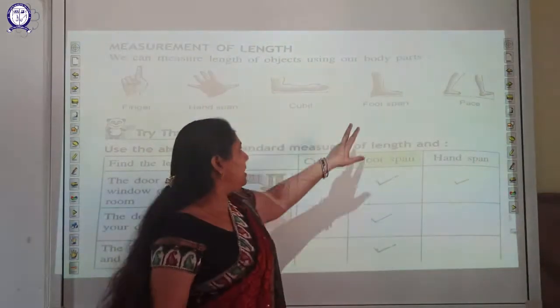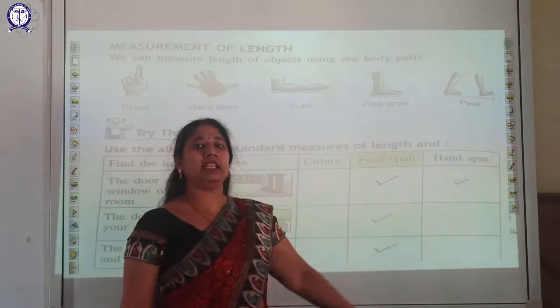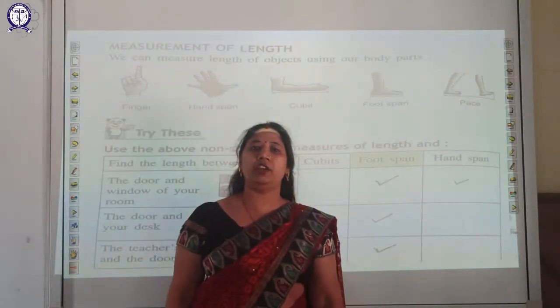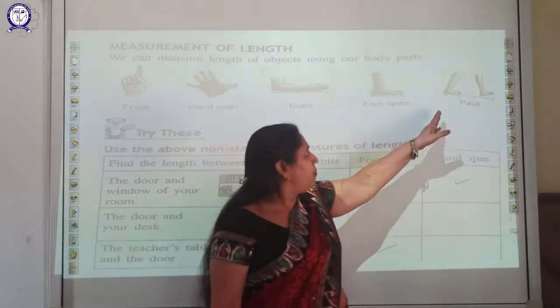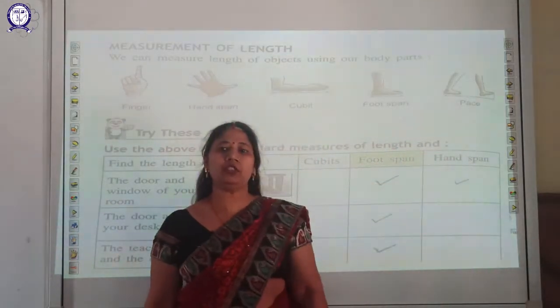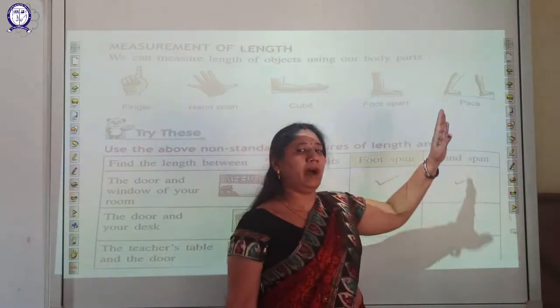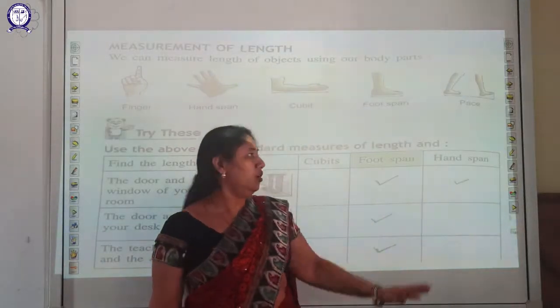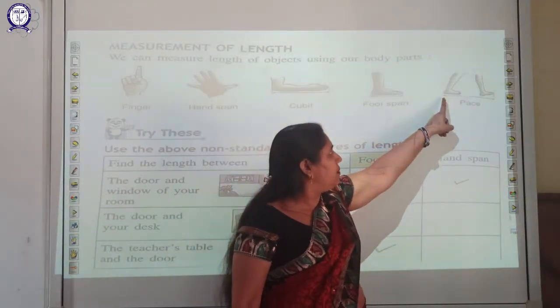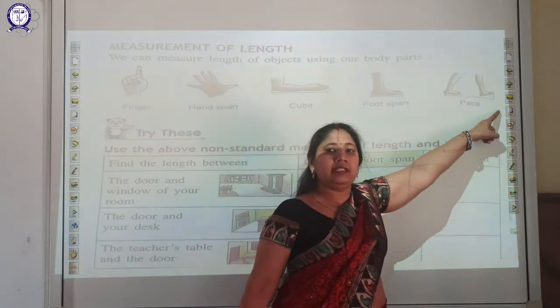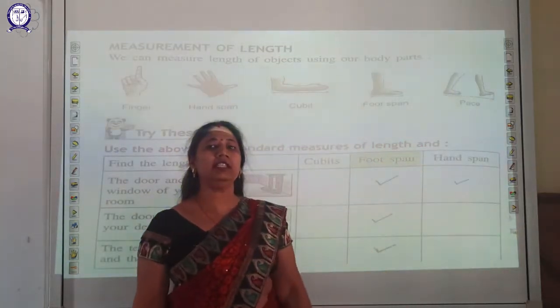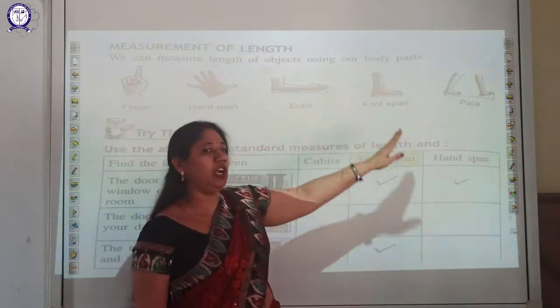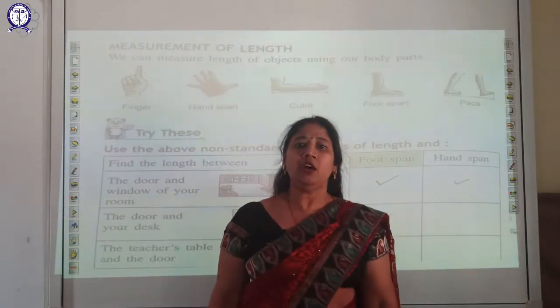So that is a foot span, and that is a non-standard unit of length. Pace. When we are walking, that is our pace. The distance between one foot and the second foot. So this is pace. These are the non-standard units of length.